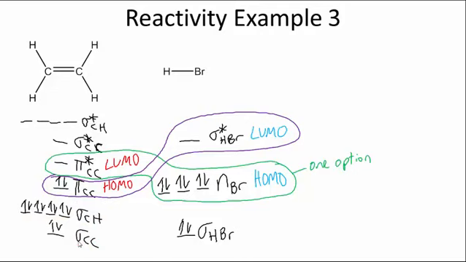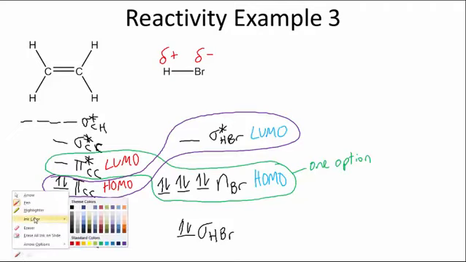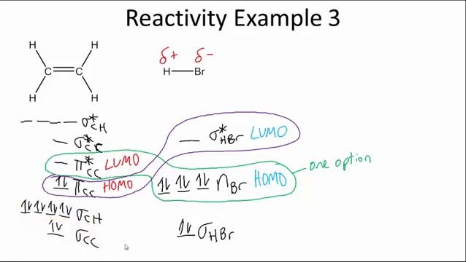What's the partial charge on bromine? Bromine's partially negative, hydrogen is partially positive. So if you're a pair of electrons, who are you going to go to? To the positive. So generally we attack the less electronegative atom, so my arrow is going to end at hydrogen.